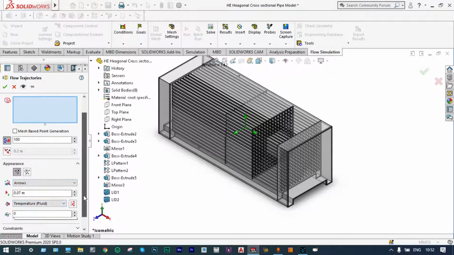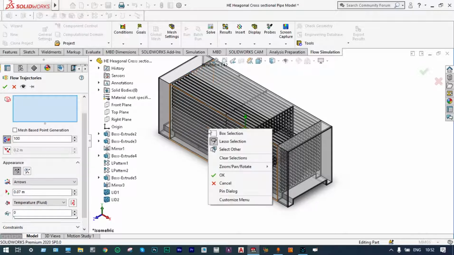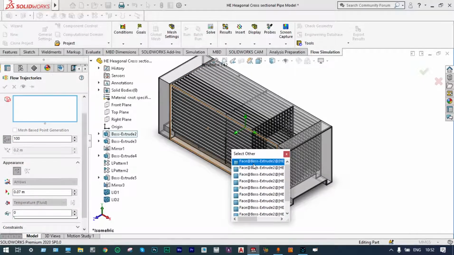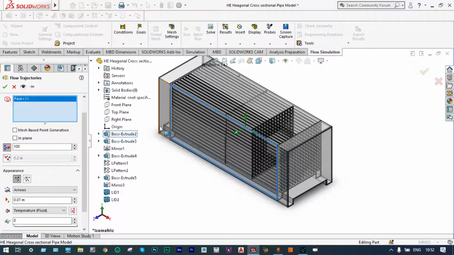It will be temperature of fluid from both the entry and the side walls. So let us select those locations from the side walls. Select other and face at extrude boss base 2, that is the side wall selected. Next we have to select the inlet location of cold water.